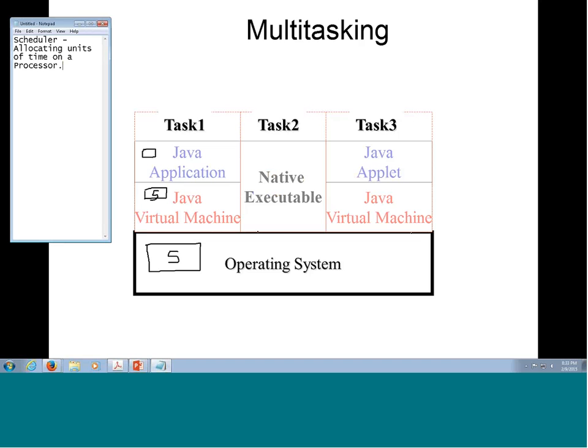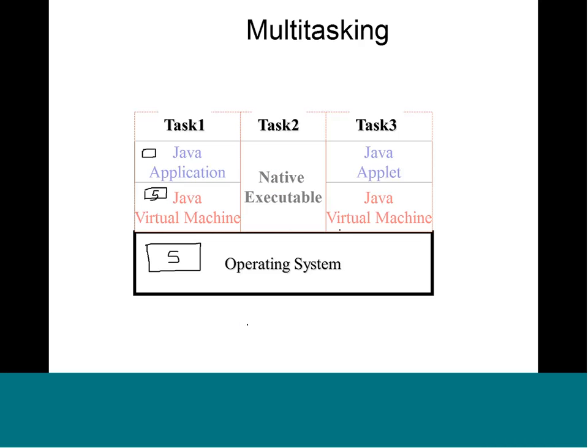So what happens is that when there is a thread, the thread is handed off to the operating system, and the scheduler there takes care of managing all the processes and threads with it. Okay.